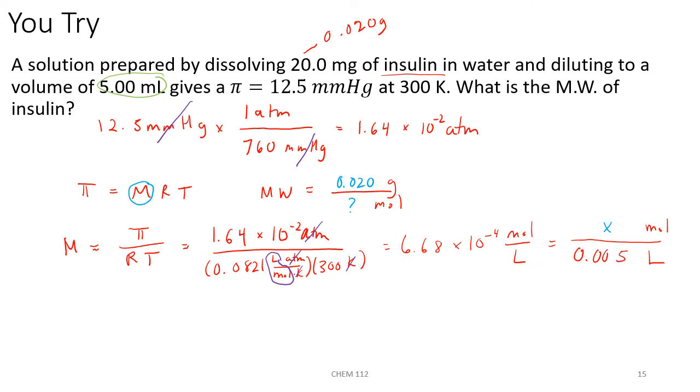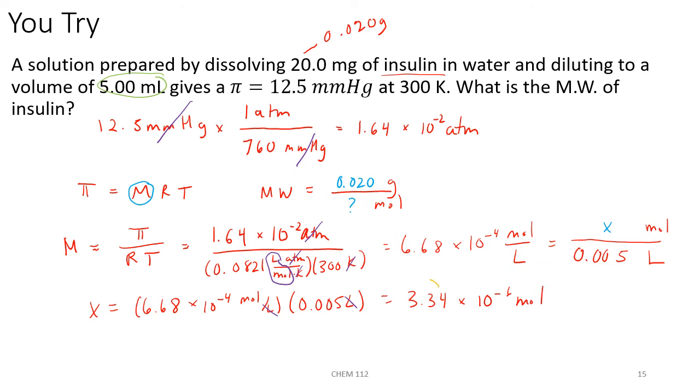We can rearrange and solve to get our number of moles of solute. So X will equal 6.68 times 10 to the negative fourth moles per liter times 0.005 liters. Our liters will cancel, and our moles will end up coming out to 3.34 times 10 to the negative sixth moles.